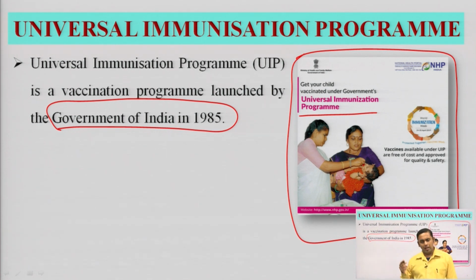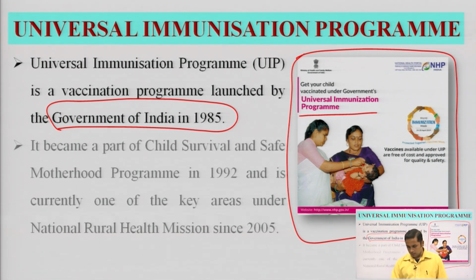In those days there were lots of challenges in case of diseases, so the government decided that we have to stop the spreading of those diseases. What is the solution? The solution is vaccine. That is why they started this campaign called the universal immunization program.